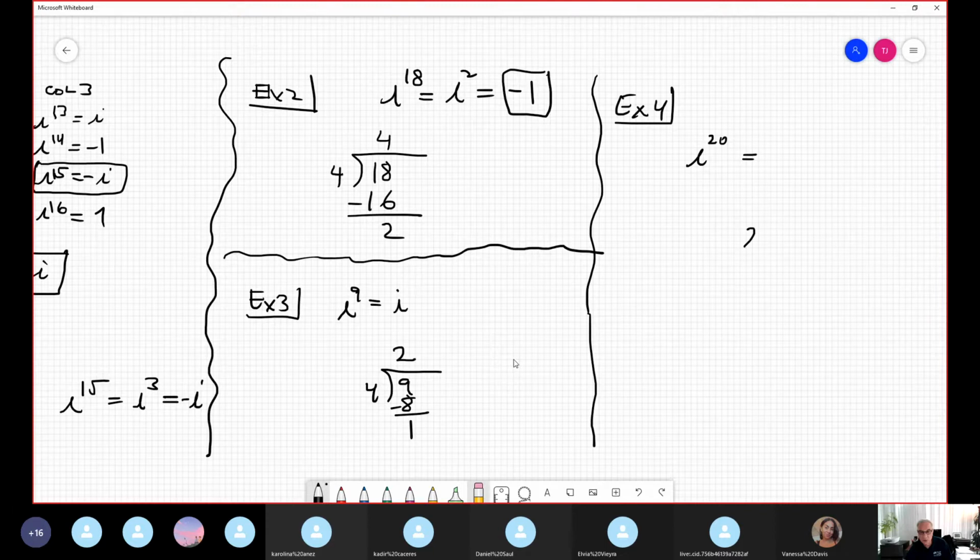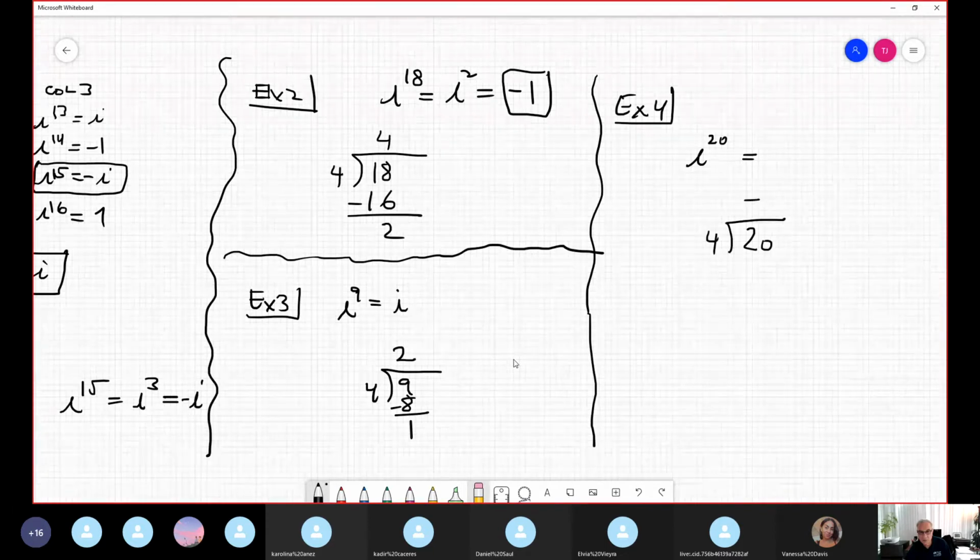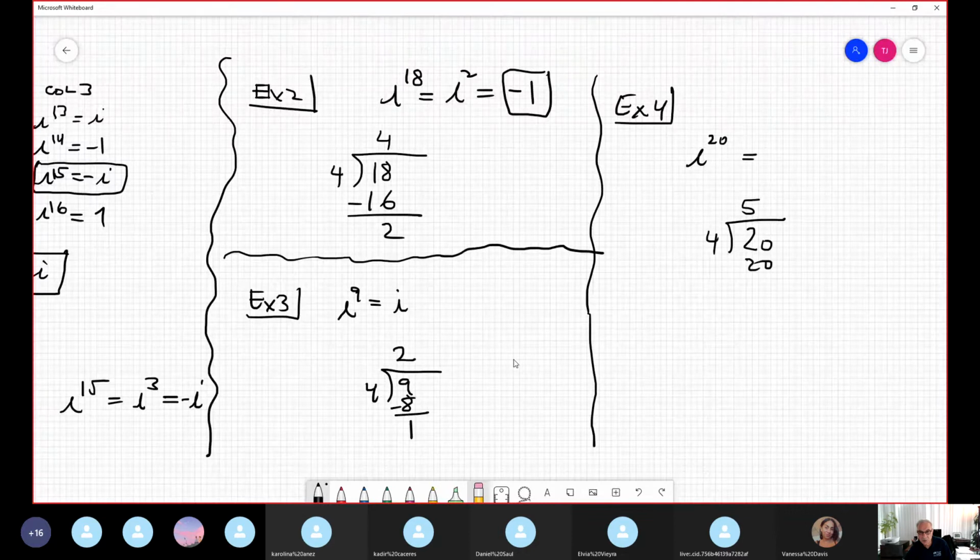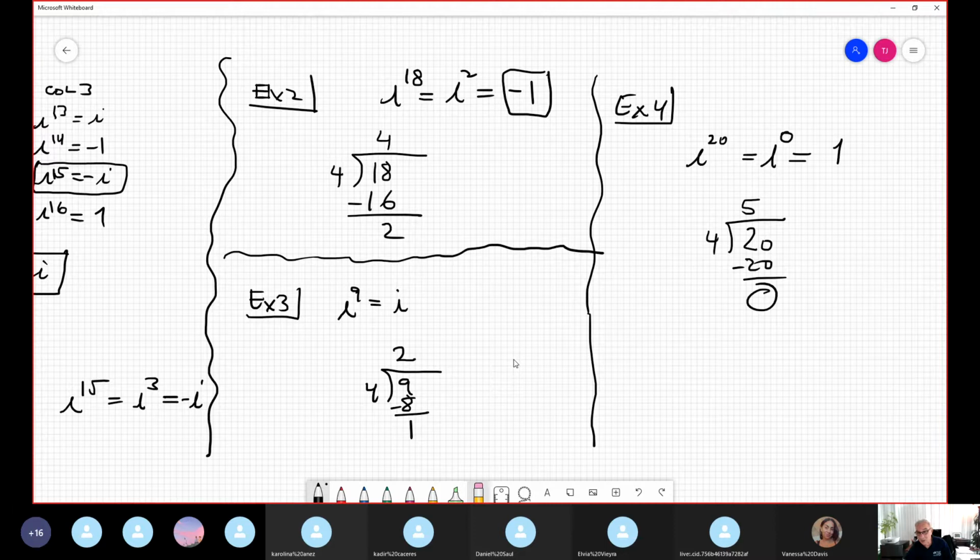Because 20 is an exact multiple of 4, no? You divide by 4 is 5, 5 times 4 is 20, remainder 0. So what does this 0 mean? This is I to the 0. I to the 0 is 1, because any number or expression raised to the 0 power is equal to 1. And this conclusion is obvious, because 20 is an exact multiple of 4.